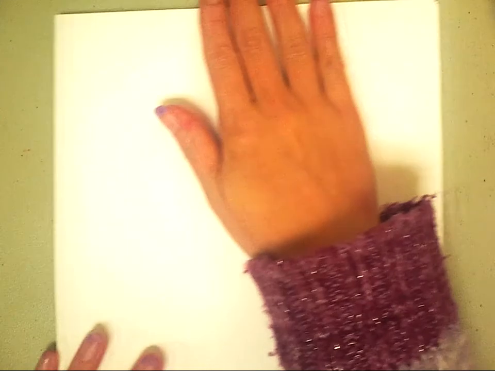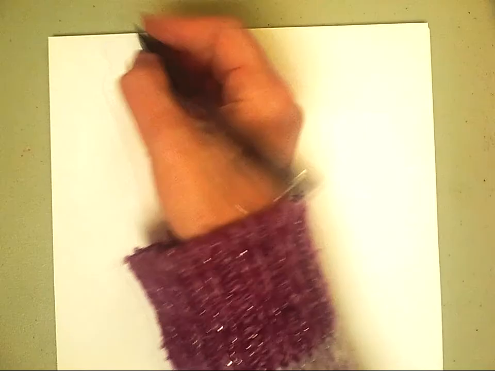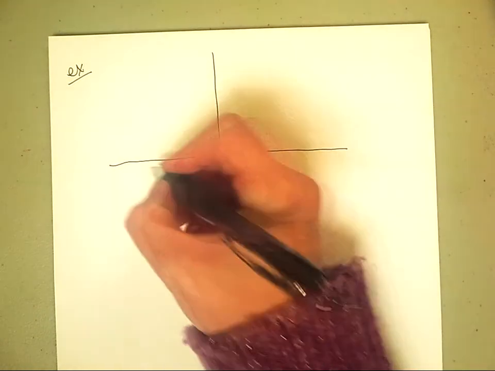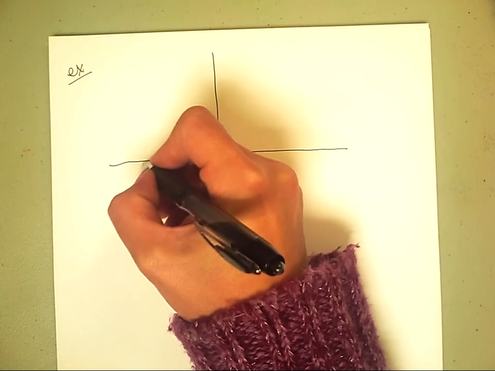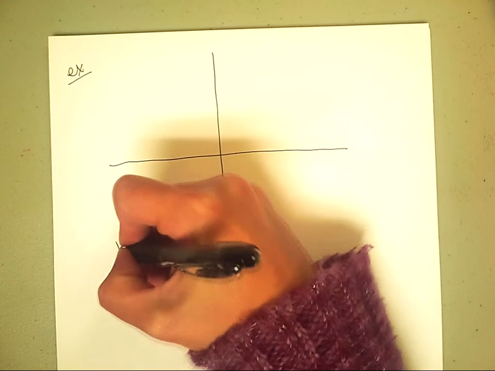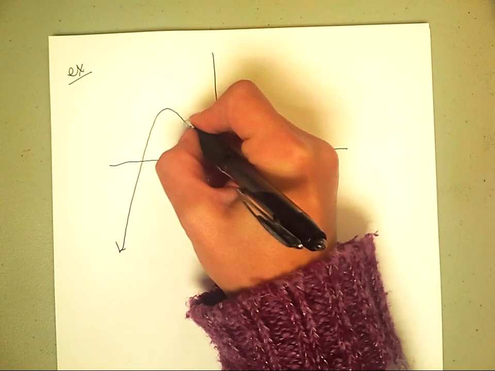Let's try another. Now with ours, once we get functions, we'll actually be able to do some more work with them. But here's another example. Let's see if we can just do some identifying without the function. Let's say the graph does this.